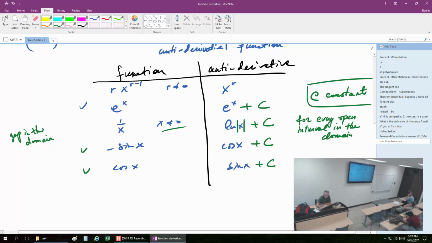Let me show you a little picture to illustrate this, specifically for the logarithm. So 1 over x, and on the other hand, the logarithm of the absolute value. The 1 over x looks like this. Remember the asymptotes? Well, that's not pretty. And in the meantime, the logarithm of the absolute value looks like this.